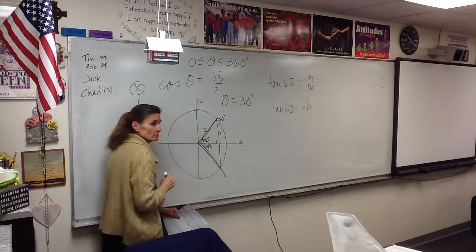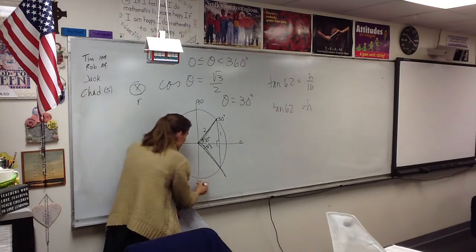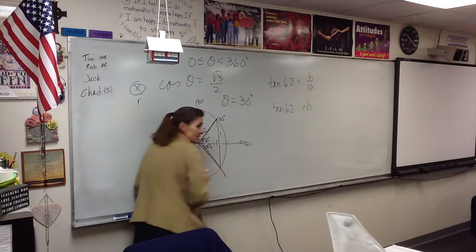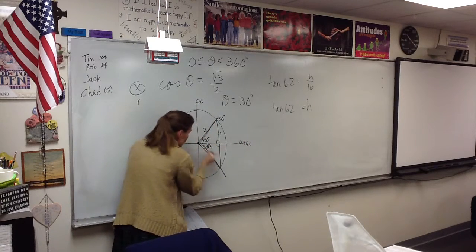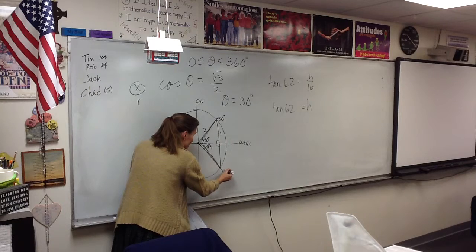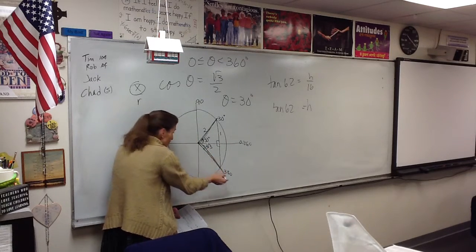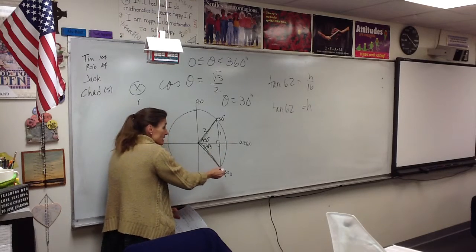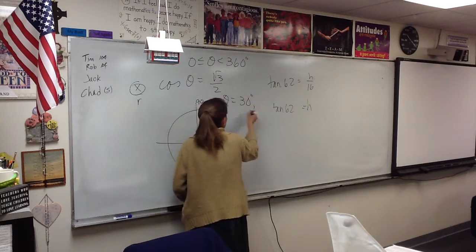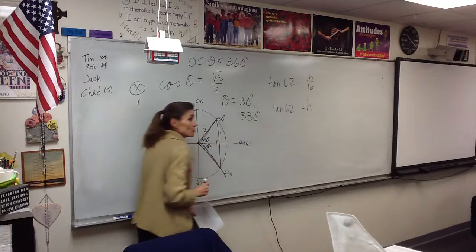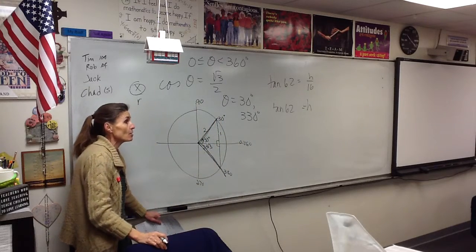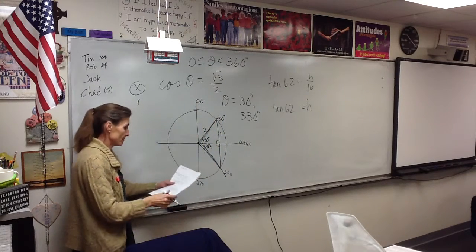This angle is between 270 and 360, and that's a 30, so what does this have to be? 330. Because 330 to 360, that's 30. So the two answers to the problem are 30 degrees and 330 degrees.